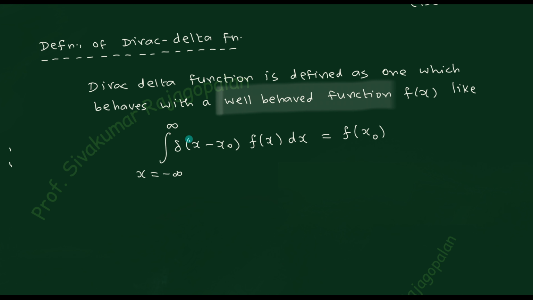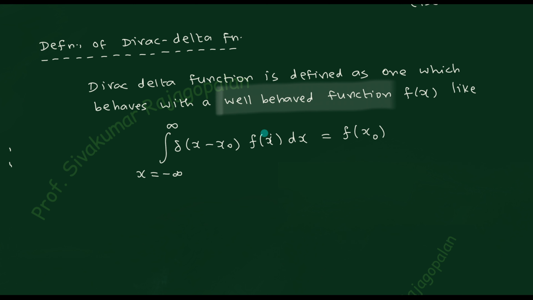And when you have a Dirac delta function which is not well-behaved, we can't perform any calculus operation on it. That is the reason why you don't have a direct definition for the Dirac delta function itself. Instead, the definition looks like this whenever some other function is present in the system.